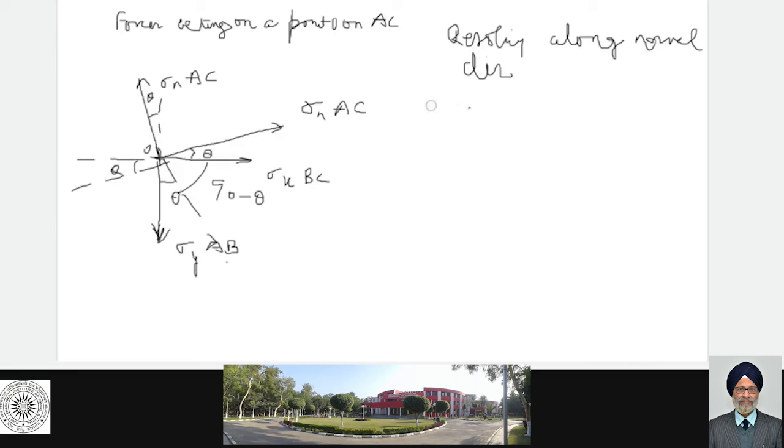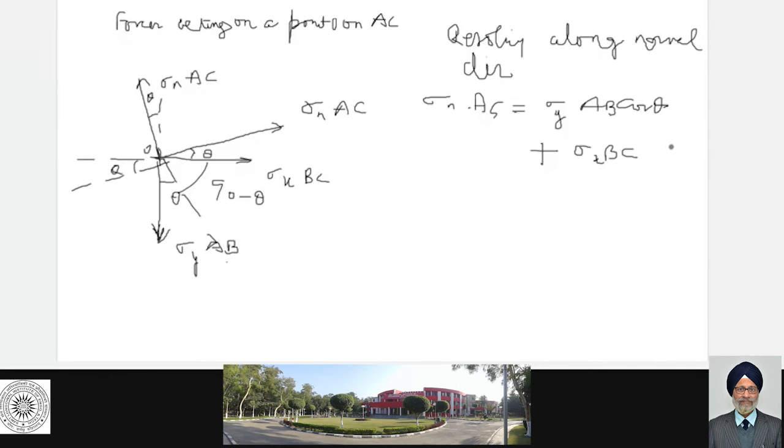Sigma n into AC is equal to, along this, sigma y AB, and this will be cos theta, sigma y into AB cos theta, plus, and this one, this force, it is sigma x into BC, and this will be sin 90 minus theta.